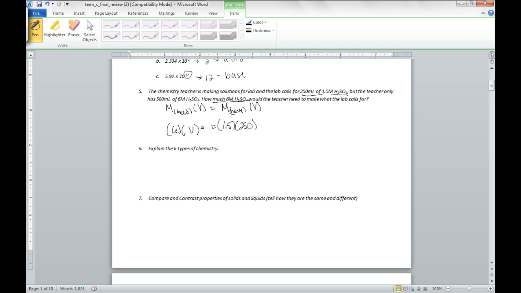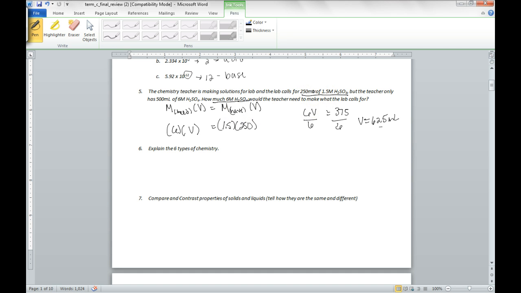So we can multiply: 1.5 times 250 is equal to 375. Divide by 6 on each side. So we should use 62.5 milliliters of 6 molar acid to make that.